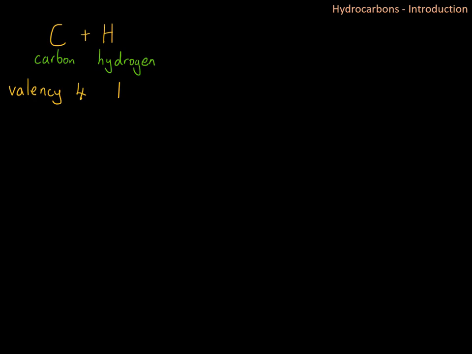So if we look at the simplest structure of a hydrocarbon, we would have 1 carbon and 4 hydrogen. This gives us a formula of CH4.